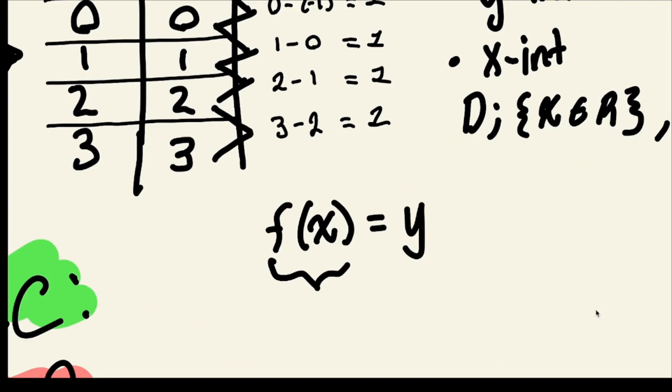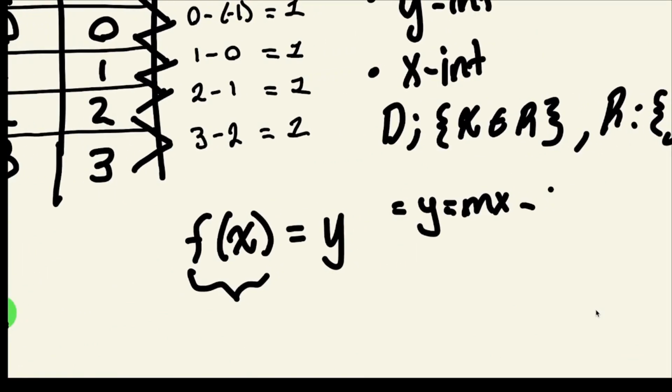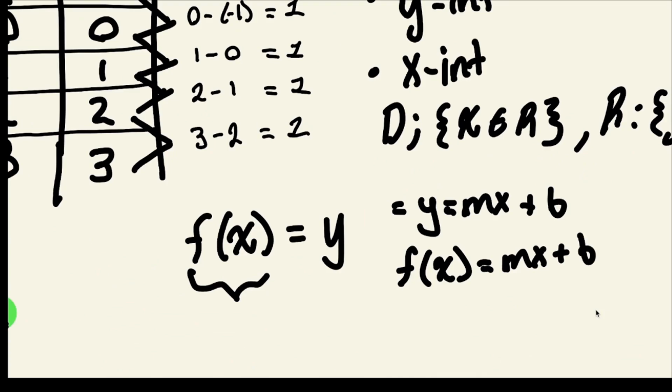You can say it as f of x, but this f of x also means y. So when you see y equals mx plus b, you can also say f of x equals mx plus b. You usually just say y equals mx plus b for these, but that's pretty much it.